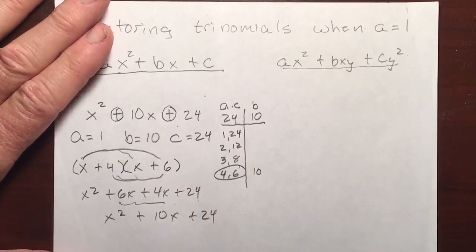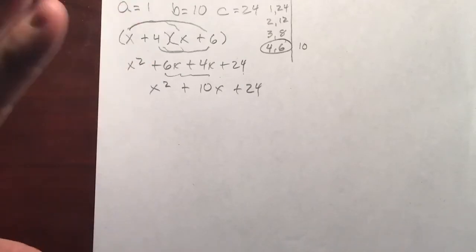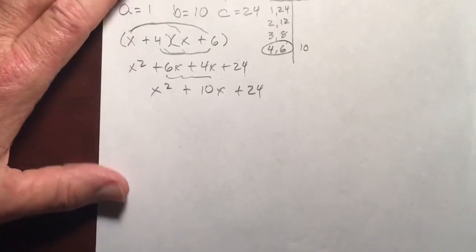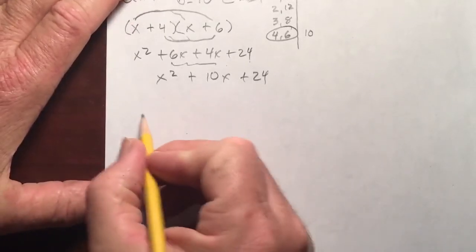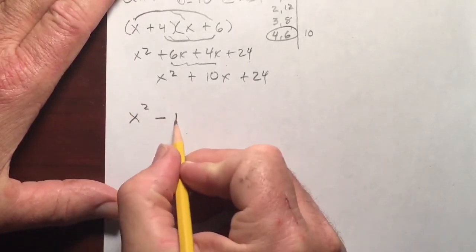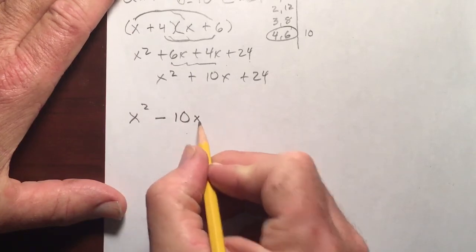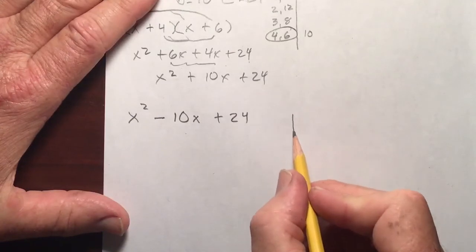Now, let me show you another one. We'll use the same problem on all of these. There's only like 4 scenarios. I'm going to use the same numbers, but this time I'm going to make that middle term negative. But I'm doing everything the same way.